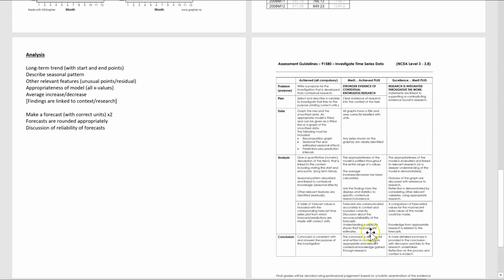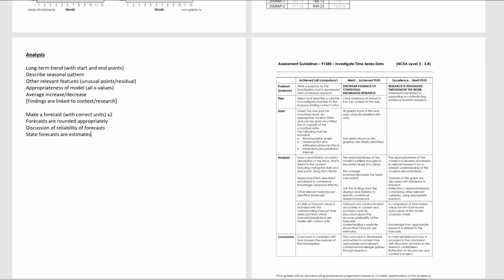And the last point there, an understanding that the forecasts are estimates. So state forecasts are estimates. This is basically our plan. We've got all of that from the marking schedule. That's the achieved and merit criteria. Obviously, some of us should be aiming at the excellence stuff, but we're just focusing on how we would get to that merit barrier. So this is what we're aiming for.